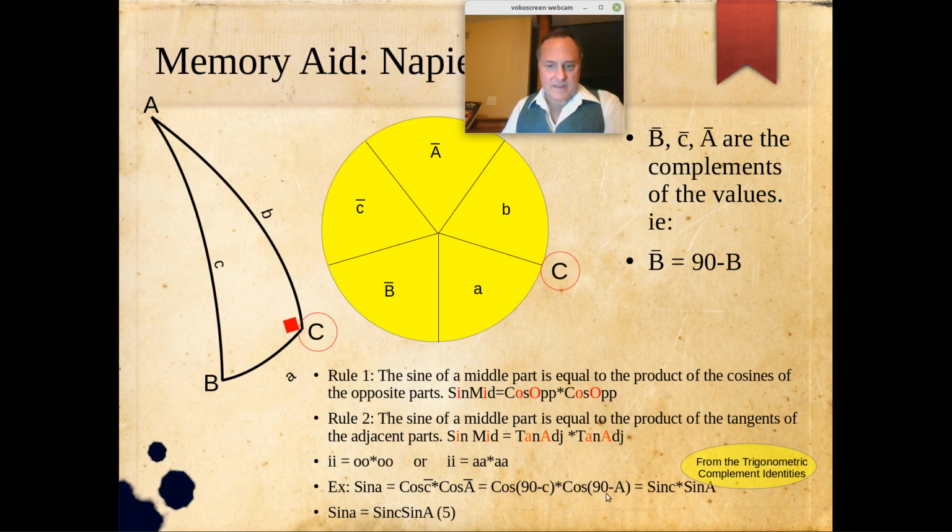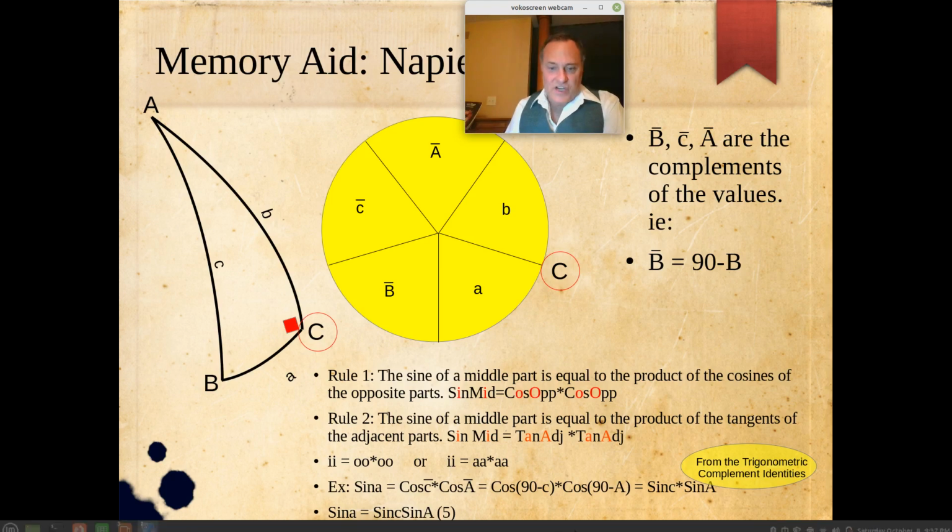And the complement identities, in my previous lecture, you saw that the cosine of a complement value, like 90 minus something, is the same as the sine of the angle itself.